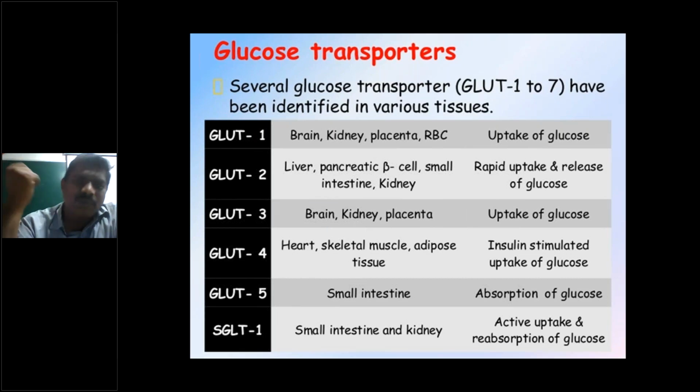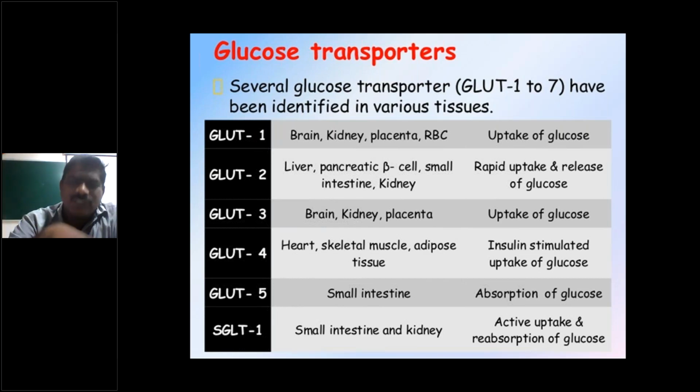Whereas glucose transporter 2 is found in the liver, pancreatic beta cells, small intestine and kidneys, and here there is rapid uptake and release of glucose, whereas in brain, kidney and placenta there is uptake of glucose. I am repeating once again, except glucose transporter 4, the rest do not need insulin.